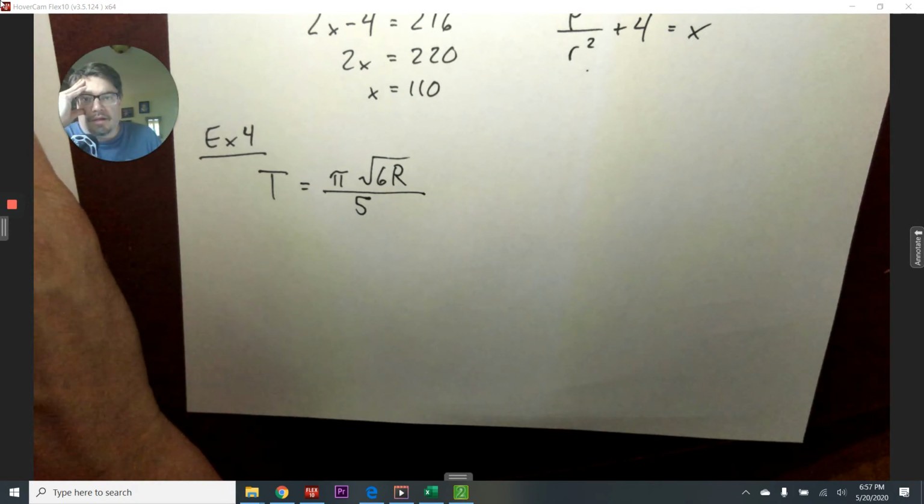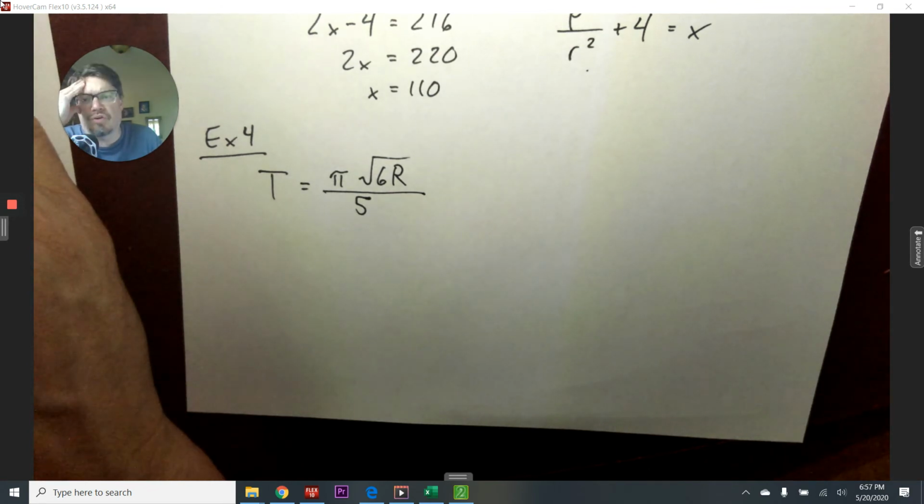I'm thinking of a sphere, some kind of sphere, because it's got pi, it's got r. So the temperature of a sphere of iron at a particular level in the earth.